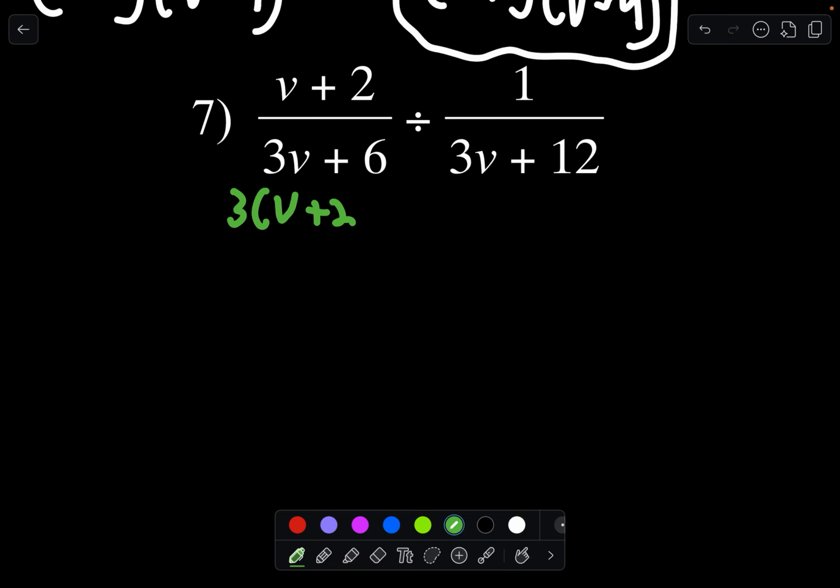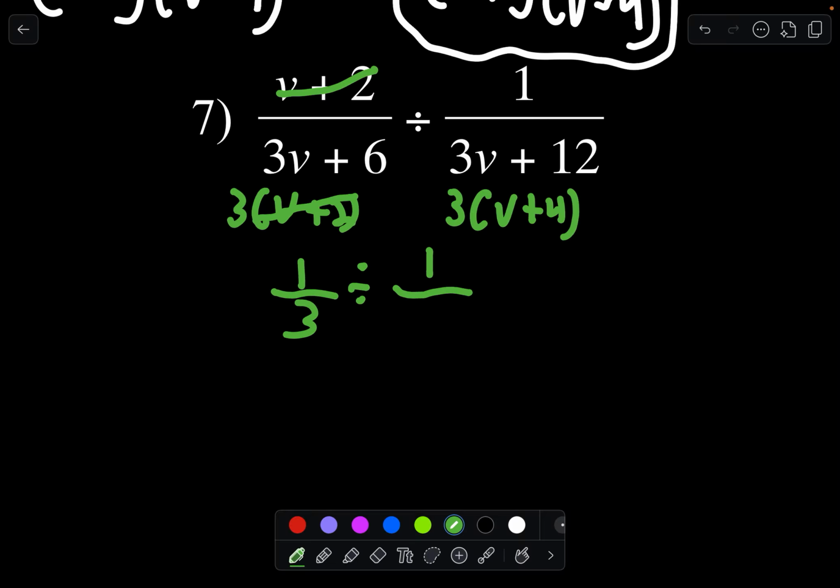So we got 3 parentheses v plus 2 on this side. We have, pull a 3 out, parentheses v plus 4 on this side. The v plus 2's divide out, and this is left with 1 over 3 divided by 1 over 3 parentheses v plus 4.